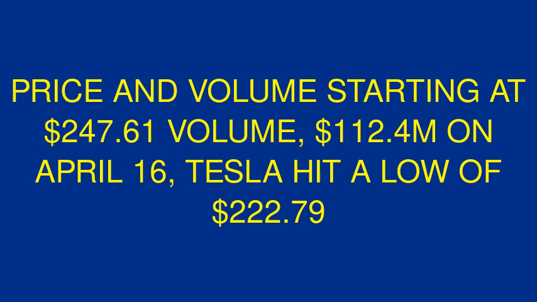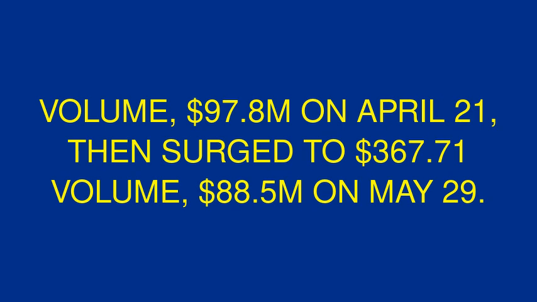Price and volume. Starting at $247.61, volume 112.4M, on April 16th. Tesla hit a low of $222.79, volume 97.8M, on April 21st, then surged to $367.71, volume 88.5M, on May 29th.